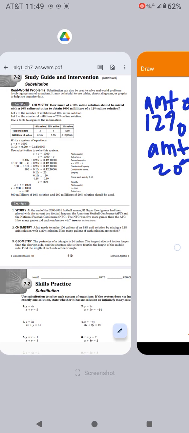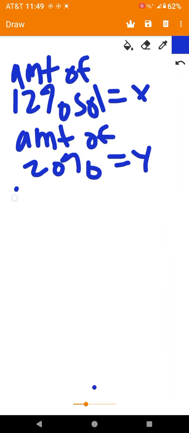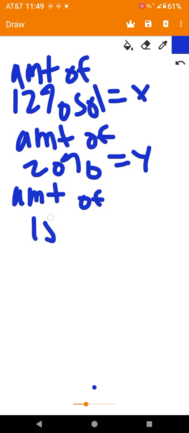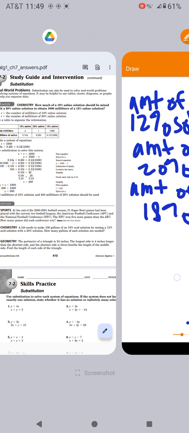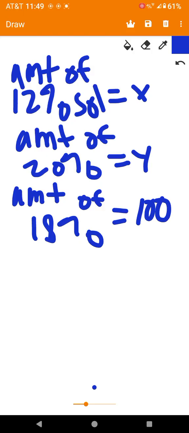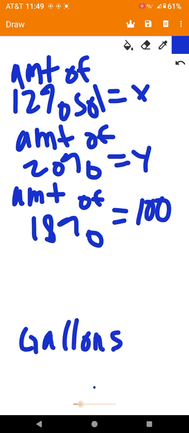And of course we know the amount of the 18% solution is 100 gallons, because that's our goal. So the equation to represent the number of gallons is X plus Y equals 100.